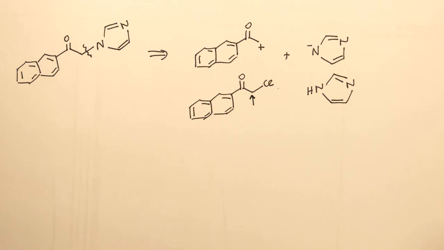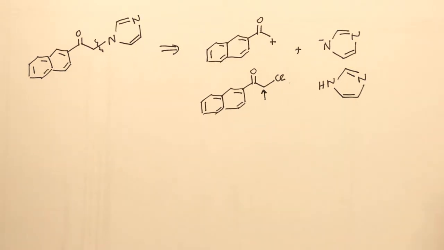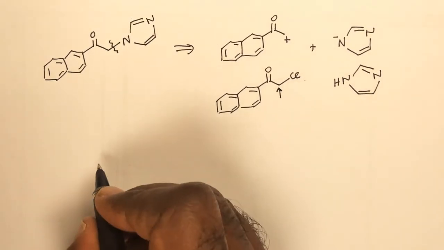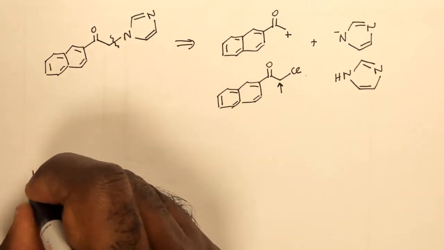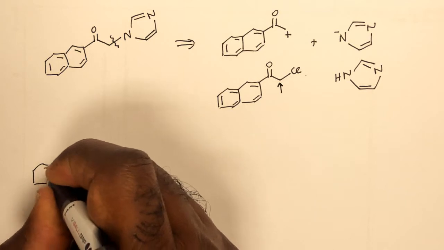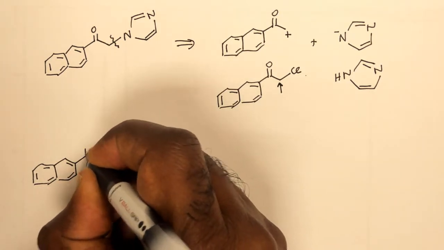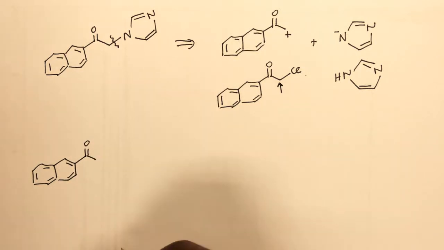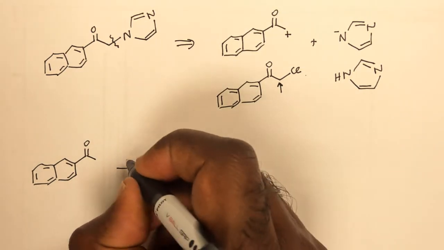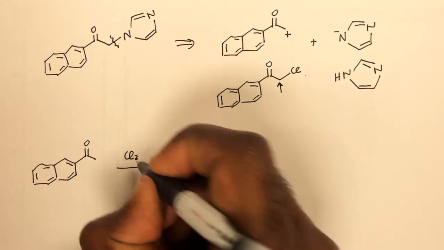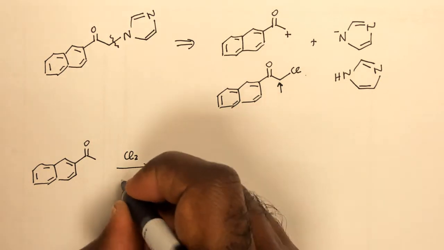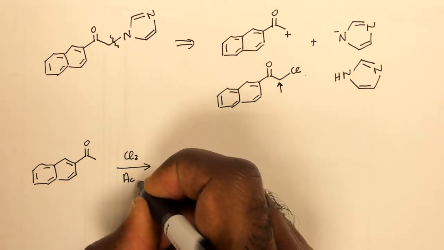So looking at the synthesis of this particular molecule, I can start off by using a ketone in my synthesis, which I can easily chlorinate with Cl2 and acetic acid.